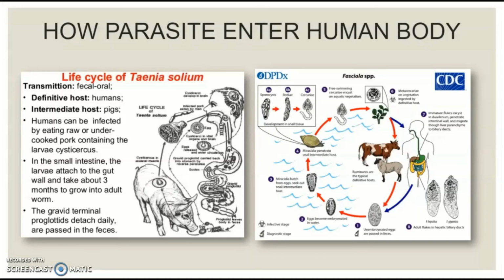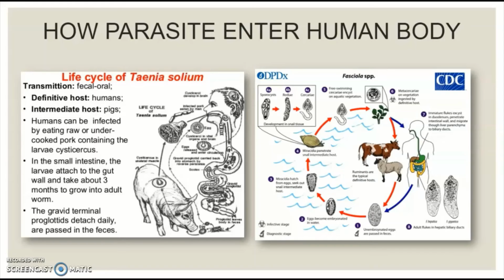And then how parasites enter the human body. First, life cycle of Taenia solium. Transmission, fecal-oral. Definitive host human, intermediate host pigs.